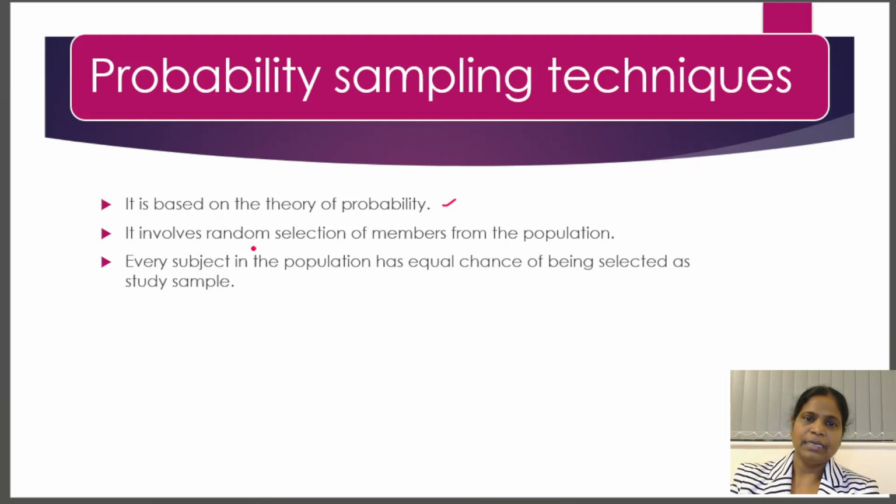In experimental studies, it involves random selection of members from the population. We say true experimental research design. Sometimes quasi-experimental research design lacks one of the characteristics we said, either randomization or manipulation. Every subject in the population has an equal chance of being selected as a study sample. That is randomization.